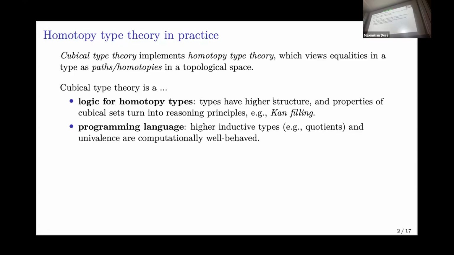And what cubical type theory achieved as well is that it did all this addition to type theory without breaking its computational content, which means it's really a programming language. Like homotopy type theory in the beginning, there were people trying to impose what they thought would be sensible in a very ad hoc way.